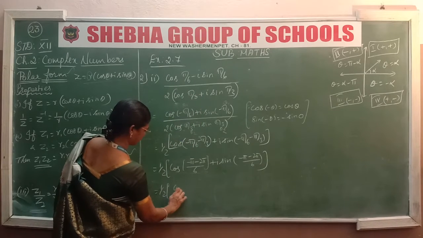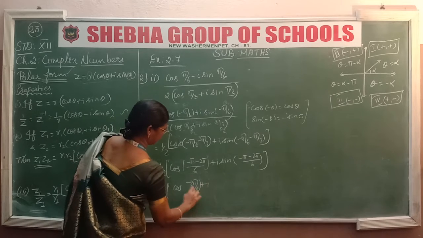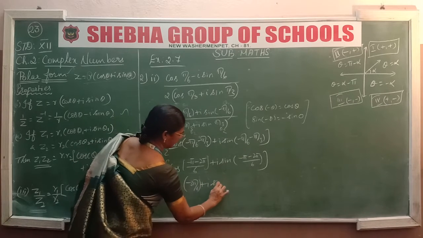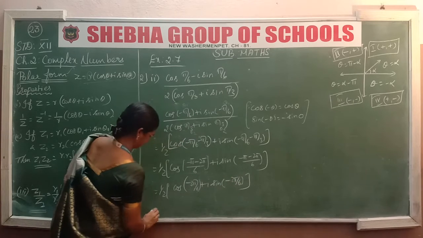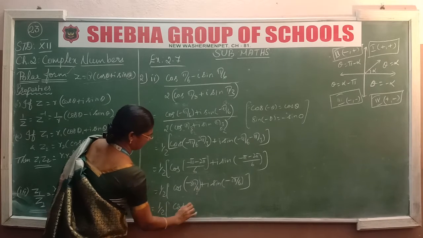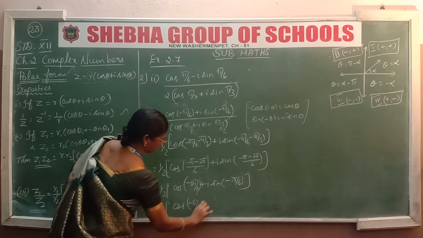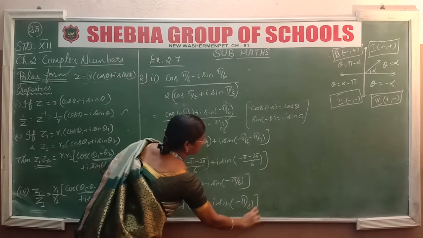Half into cos of minus 3 pi by 6 plus i sin of minus 3 pi by 6. So we get cos of minus pi by 2 plus i sin of minus pi by 2.